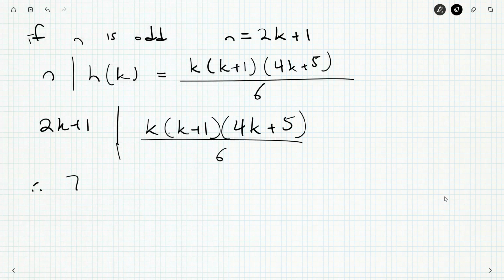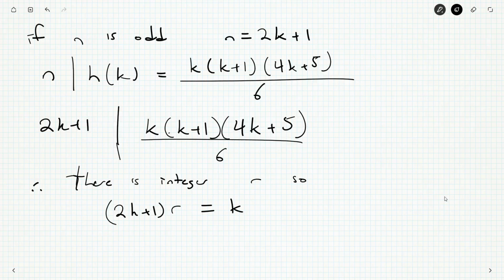Therefore, there is an integer r, so that 2k plus 1 times r is k times k plus 1 times 4k plus 5 all over 6.